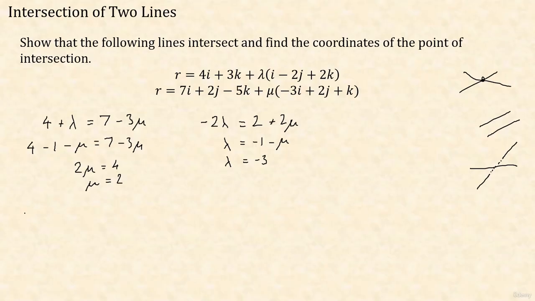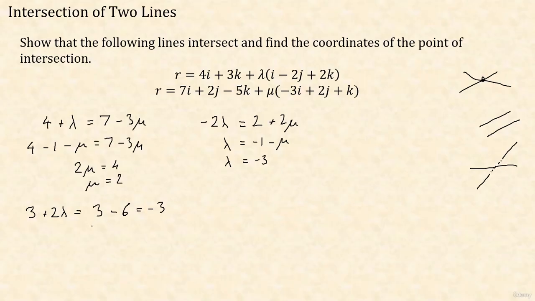Well, it's 3k, so 3 plus lambda times 2k, so plus 2 lambda, which if we take our value of lambda here is 3 minus 6, which is minus 3.